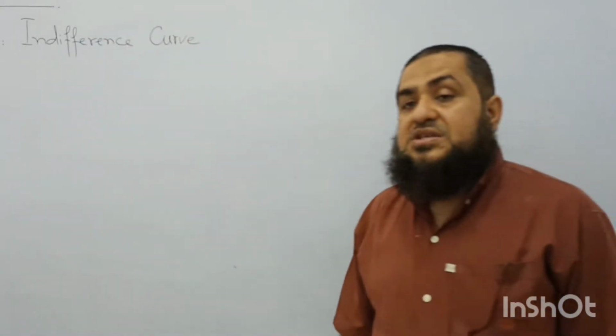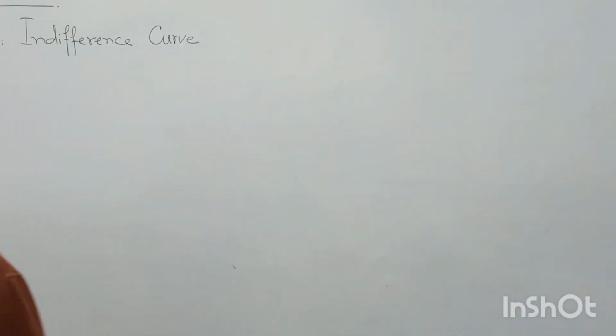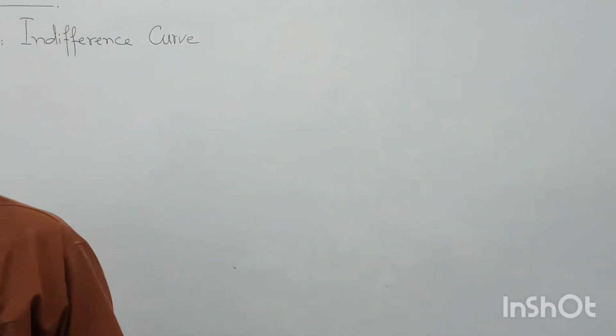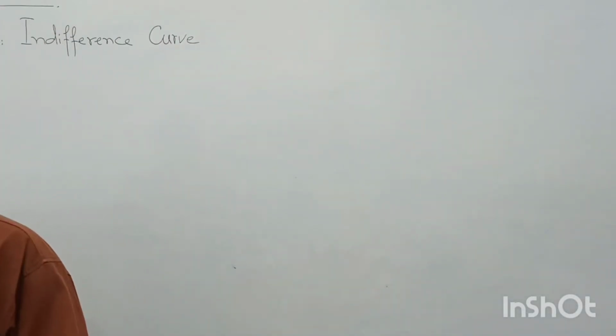The ordinal approach says that utility cannot be measured in terms of numbers because it is inner satisfaction and there is no scale of measurement of satisfaction or utility. Alright, so this approach says consumers can rank the goods according to the satisfaction derived.